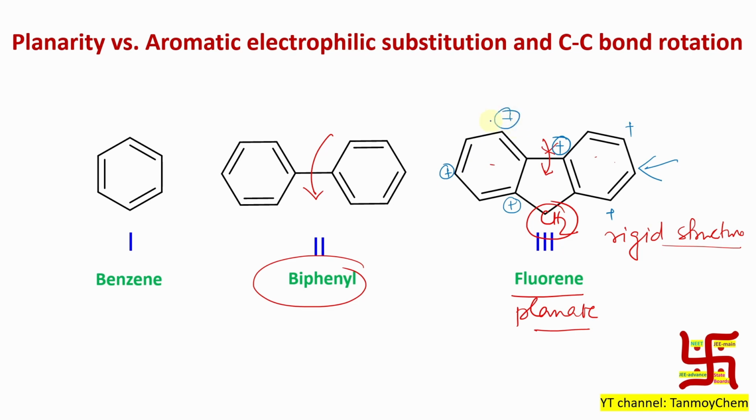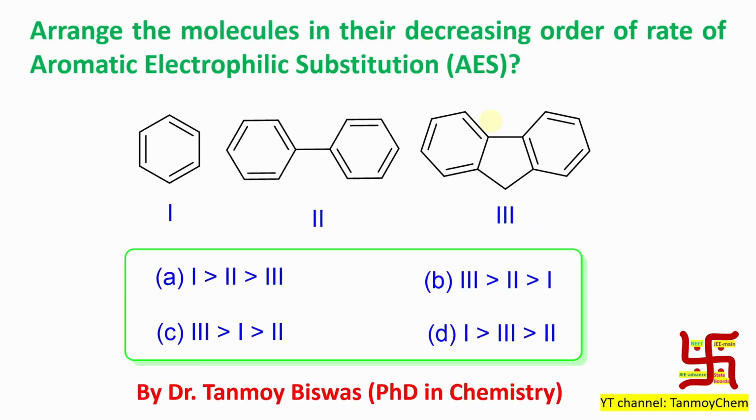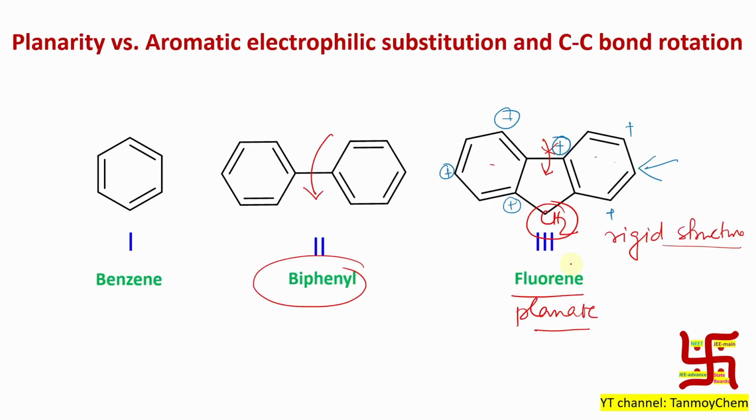So from this discussion, one conclusion: this is actually the most reactive, the second place goes to biphenyl, and third is benzene. So from there I can say what the order of the reaction is: Option B, third one greater than second one greater than first. So you may say that fluorene is more reactive for aromatic substitution than biphenyl, than benzene.